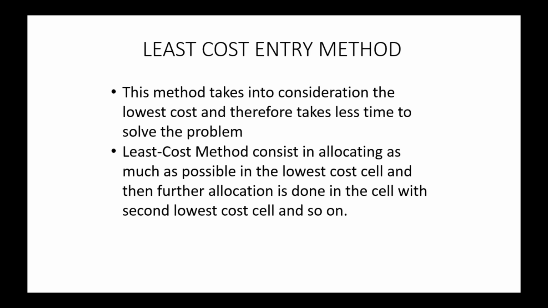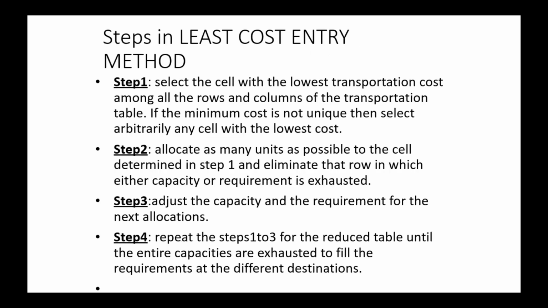Step one is to select the cell with the lowest transportation cost. Step two, allocate as many units as possible to the cell. Step three, adjust capacity and the requirements for the next allocation. Step four, repeat steps one to three for the reduced table until the entire capacities are exhausted to fill the requirement at different destinations.